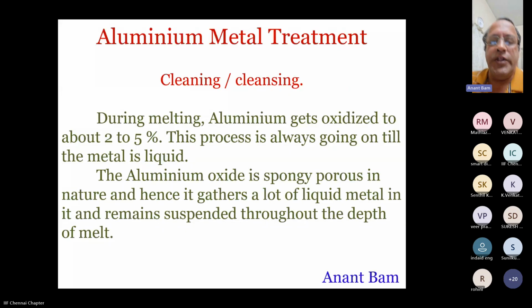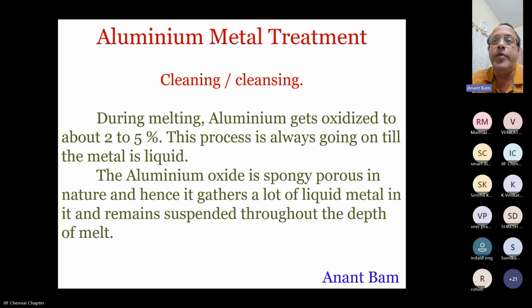I have seen both the ends in my career at various locations. There was a foundry which had 10% melting loss, and there are foundries which have 1.2%, 0.8% melting loss. So as a thumb rule, you can consider that oxide is going to form compulsorily.